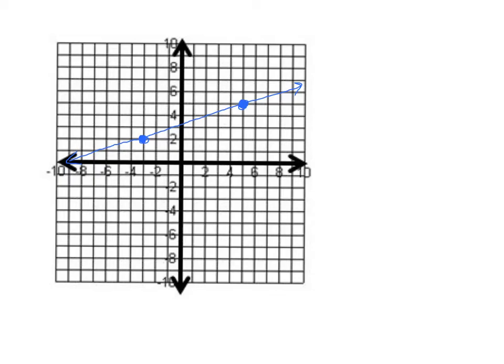So in my first example, okay, I'm going to remember that I'm going to look at what my rise is over what my run is. So I'm going to pick one point to start at. It doesn't matter which one I go.